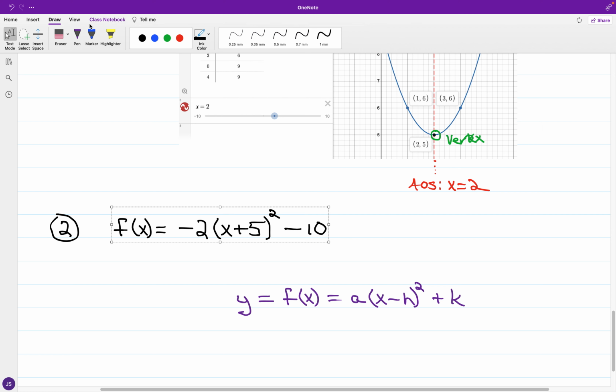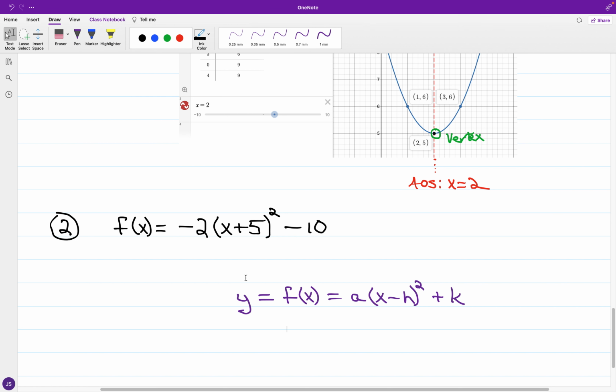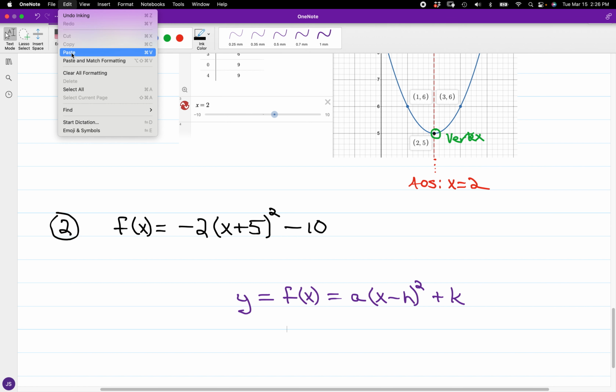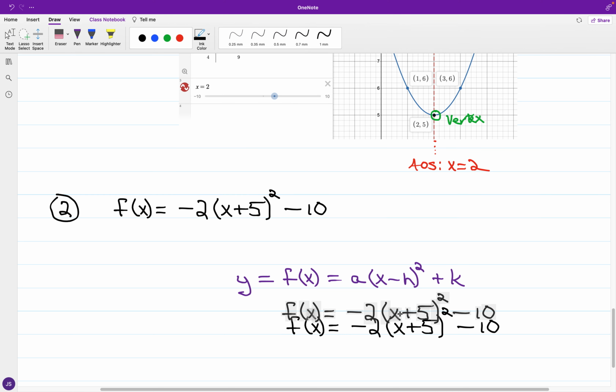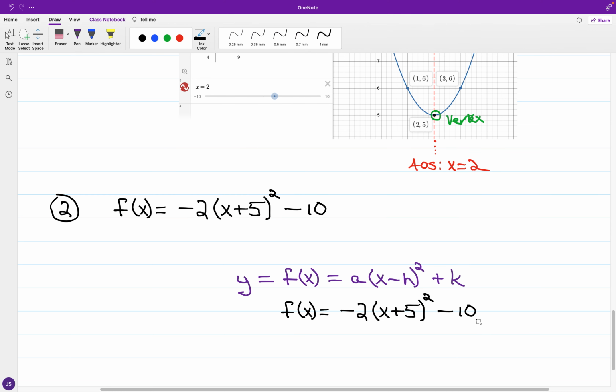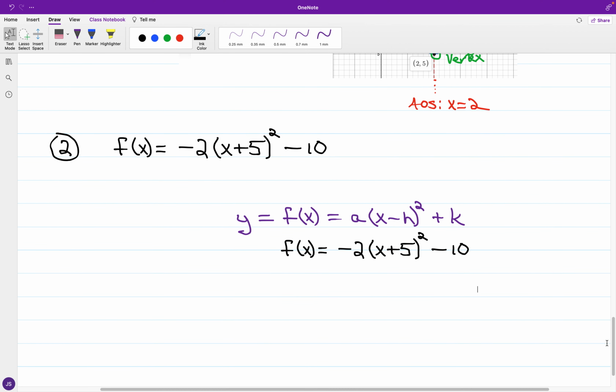Okay, so just lining things up, you have this quadratic function provided in vertex form.